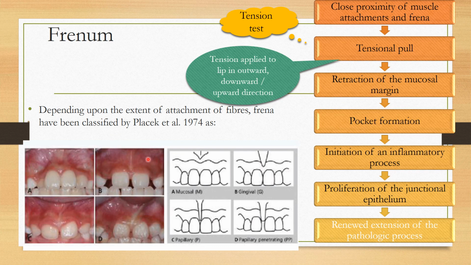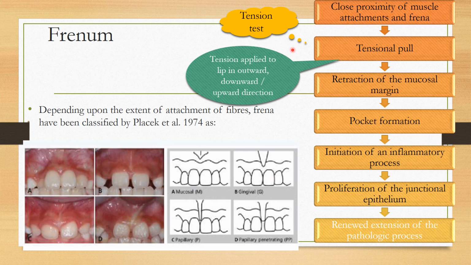Then the gingival type also doesn't have much effect on the periodontium, only on aesthetics. The papillary type will have some effect on the periodontium, whereas the papilla penetrating type will have more effect, as it leads to gingival recession, pocket depth, bone loss, and also aesthetic problems and midline diastema.